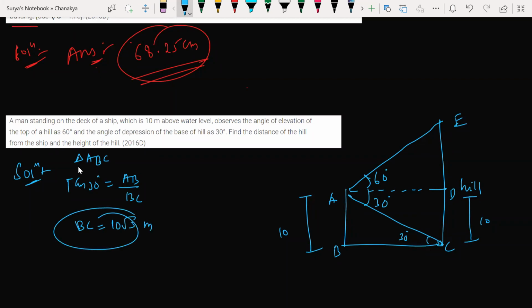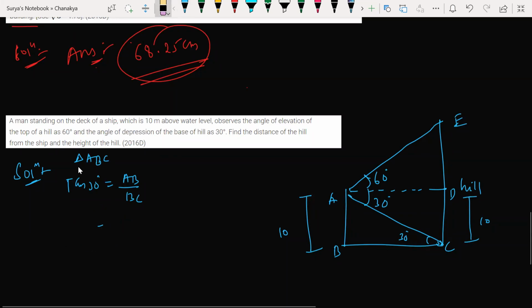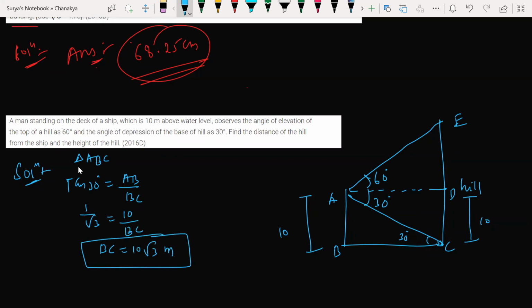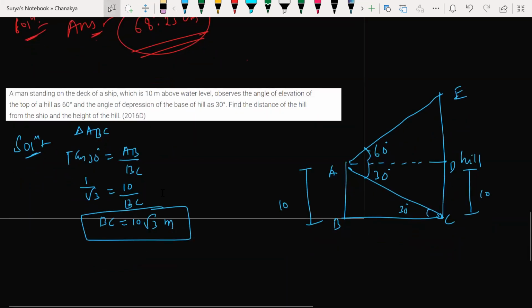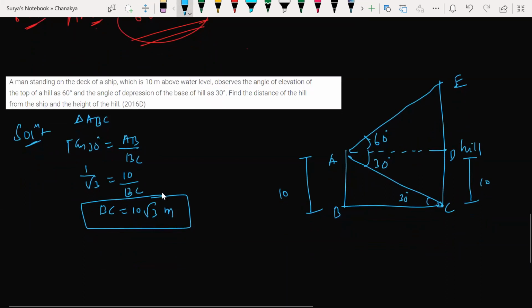Tan 30, how much? 1 by root 3 is equal to AB 10 by BC. BC is equal to 10 root 3 meters. So this is BC here, 10 root 3. I got it. Am I correct? Yes.